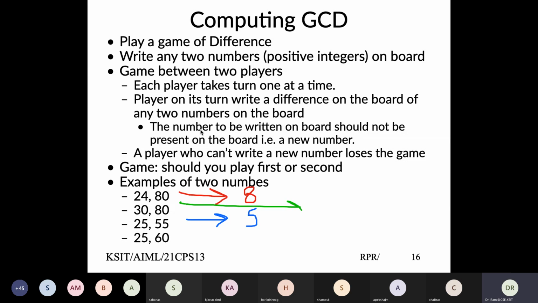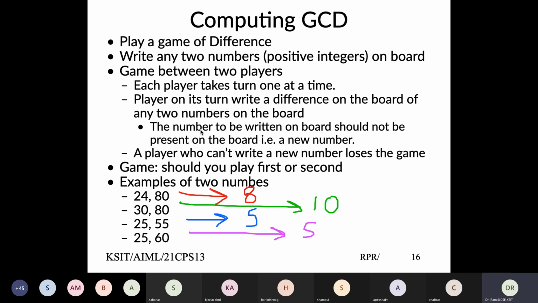What would be the smallest number when you play 30 and 80? 10 is the right answer. What about in this case, 25 and 60? 5.